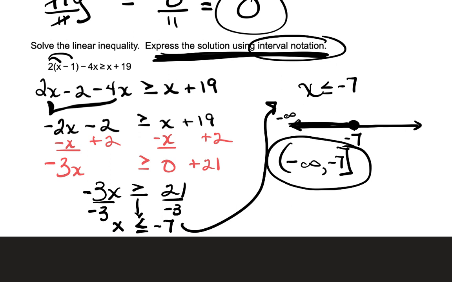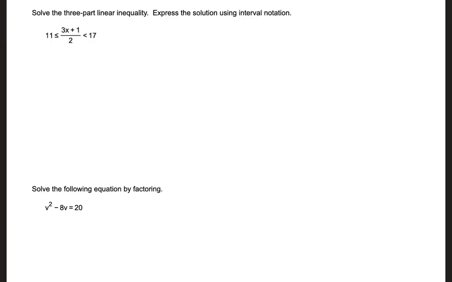I'll put it in red. The fact that it was equal to right there means you do the closed dot and you do the bracket. If it was not equal to, then it would have been an open dot and a parenthesis. Okay? But that's how you write your answer. That is the inequality.